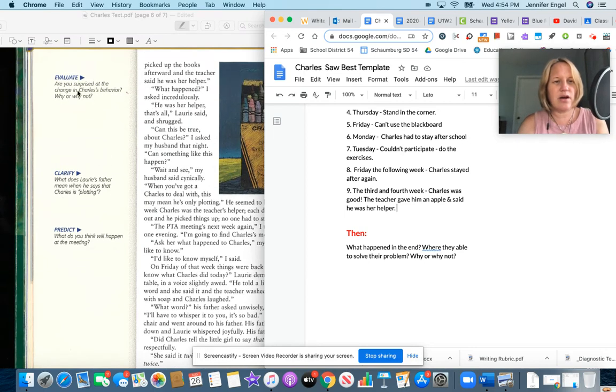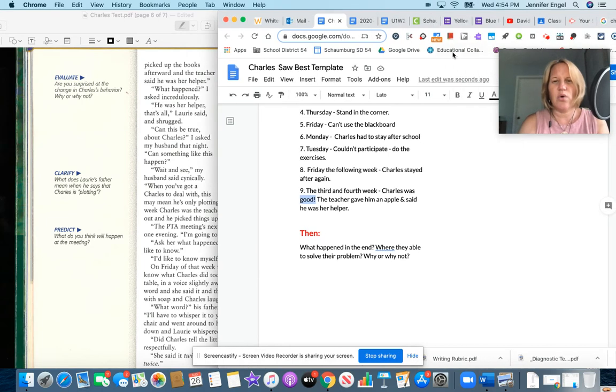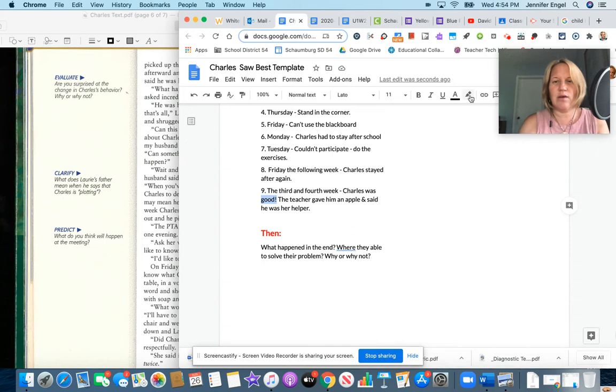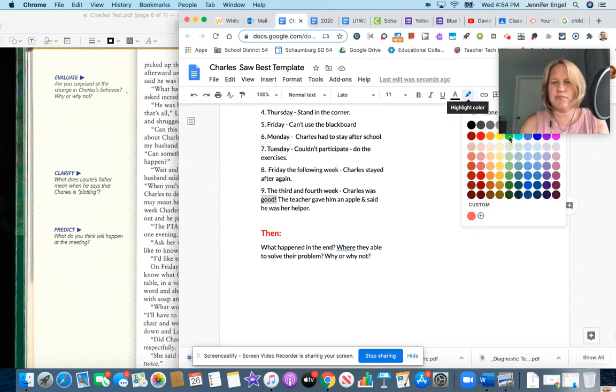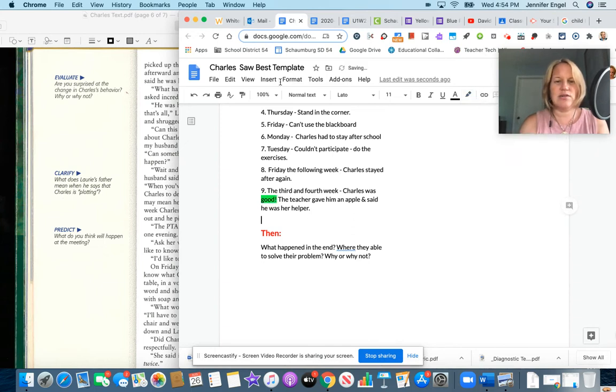See, what did this say? Are you surprised? Well, I was kind of surprised because this is kind of interesting. I'm actually going to highlight this word good because that kind of lets me know that there was a shift or there was a change that went on with Charles. So that's kind of interesting.